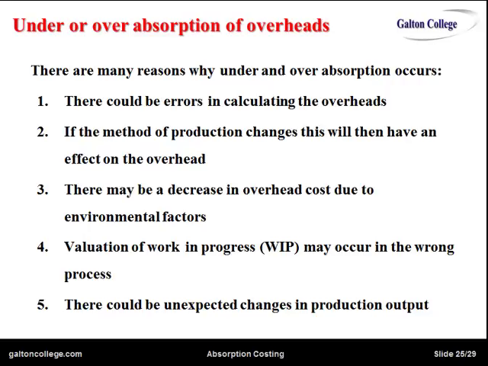So it depends really on the scale of the business whether this is a big issue or not. If it's a small business, it may not be that much of a problem. It could be corrected very easily, perhaps. There could be unexpected changes in production output.